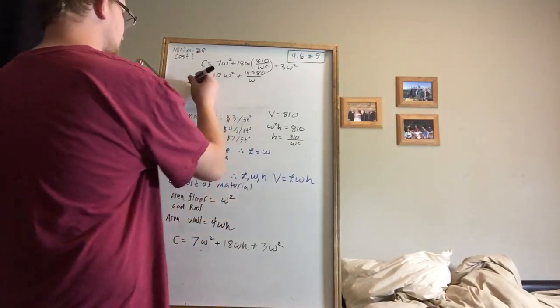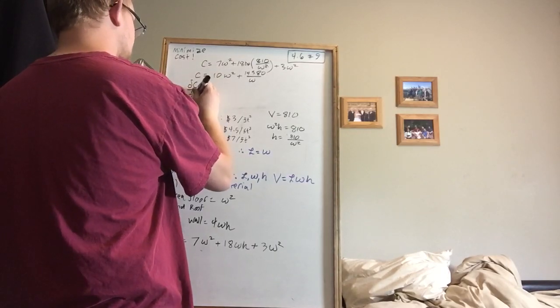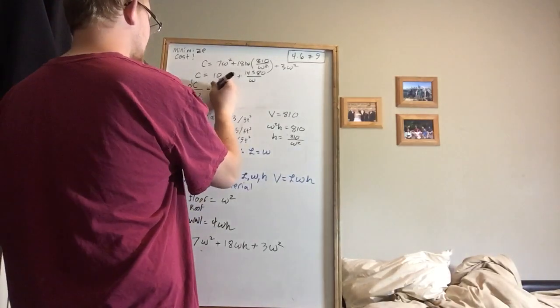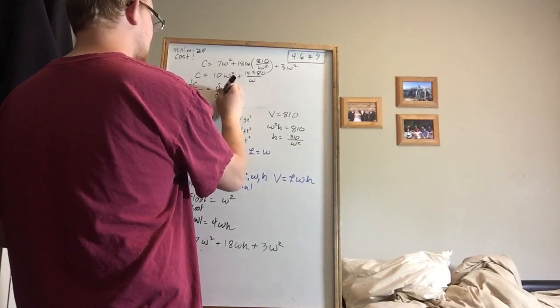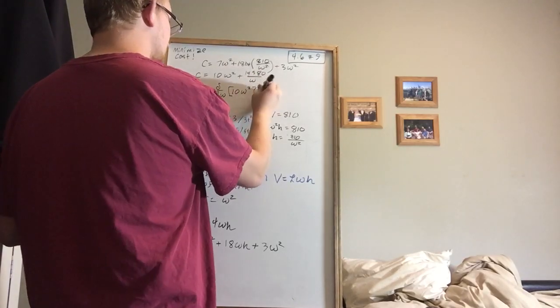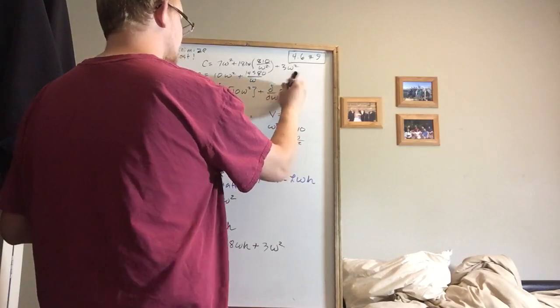To do that, we're going to take the derivative of c with respect to w. And of course, we can write this as d/dw of 10w squared. Using linearity, we can take the derivative of the other term separately.